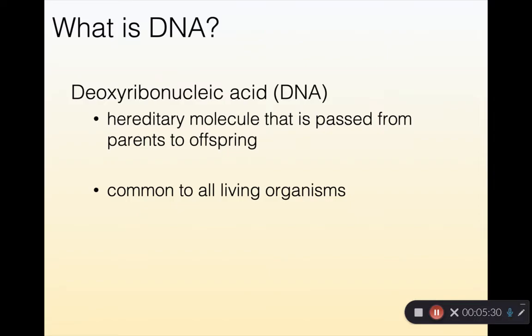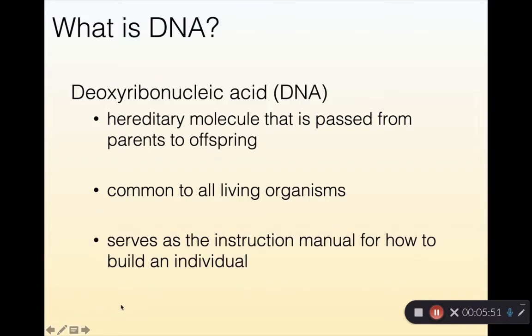Thinking back to our previous lectures, everything in that tree of life and the organization of biology, all of them have this common, basically book-like, manual-like coding system of DNA. It really serves as an instruction manual for how to build an individual, how to create proteins, how to create structures that then create life.